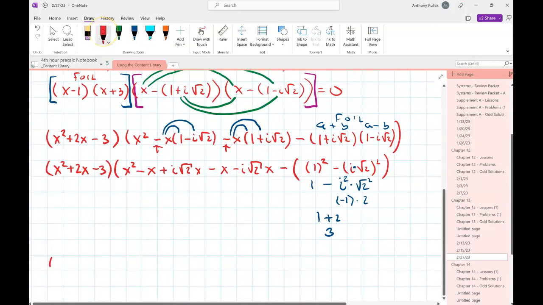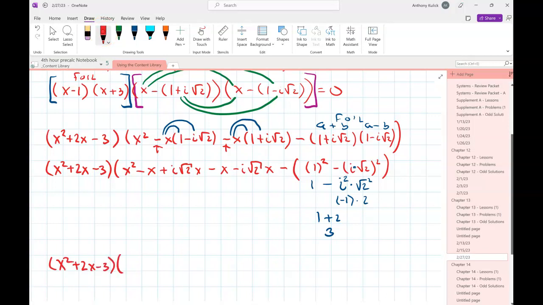All right. So let's look at what we have now in this last big set of parentheses, combining some like terms. I have a negative x. Ooh, what do you notice here?